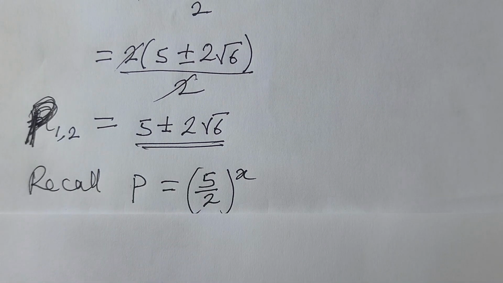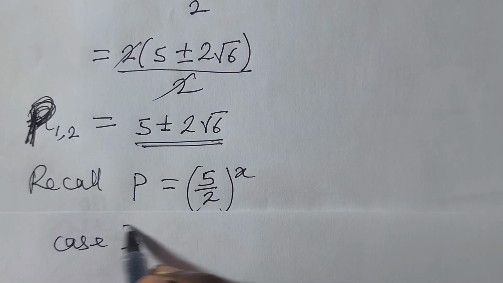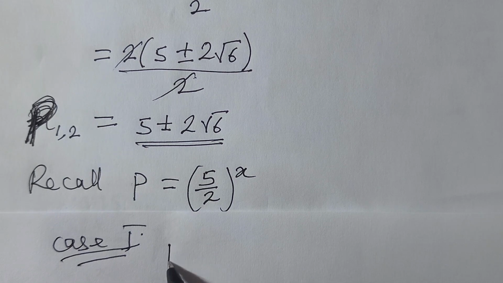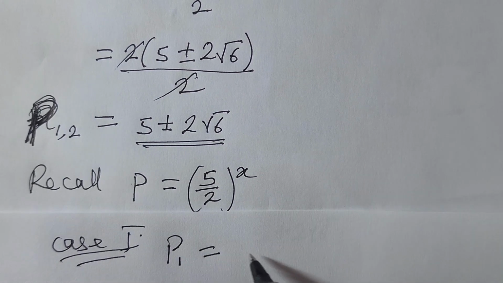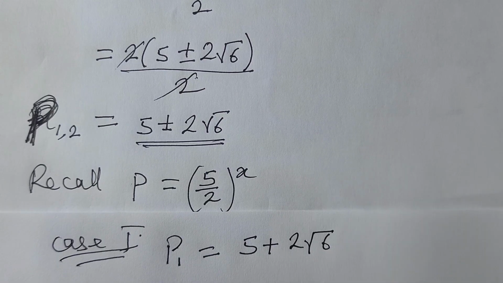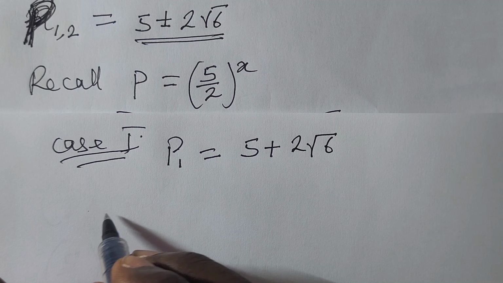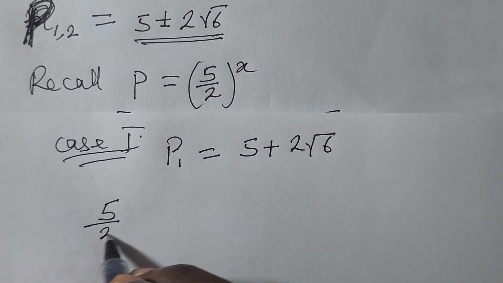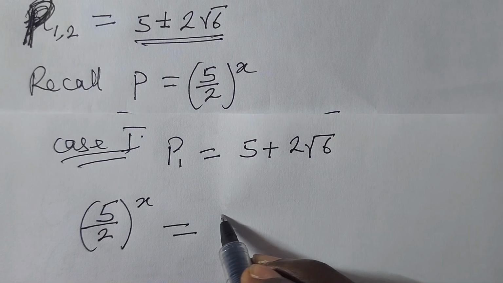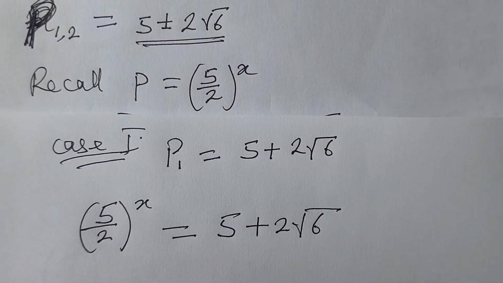So from here we take our case 1, where p1 is equal to 5 plus 2 root 6. From this expression, we know that 5 all over 2 all to the power of x is equal to 5 plus 2 root 6.